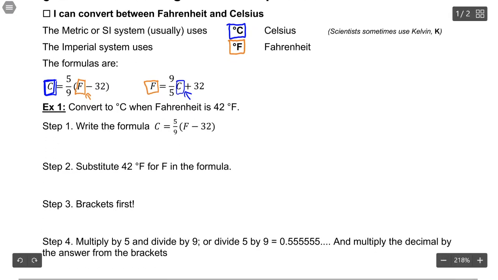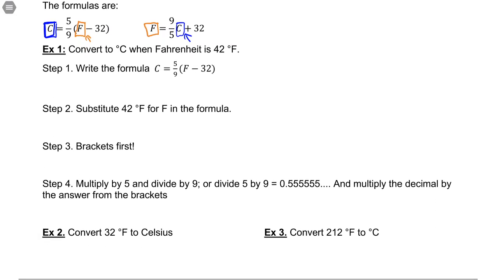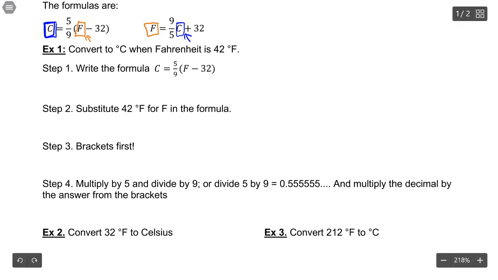So let's go through and do an example. The first thing you need to do, sometimes maybe you can skip this step in your head, but in terms of actually writing it out, it's really important that you carefully choose which formula you want. If I'm converting 42 degrees Fahrenheit into degrees Celsius, then I need the formula that is solved for C. And so the formula I want is C equals 5/9 (F minus 32).